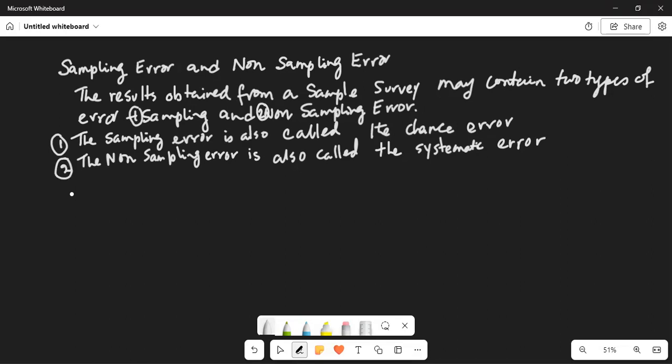So let's first discuss sampling or chance error.